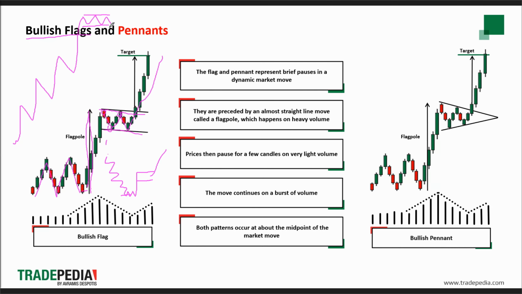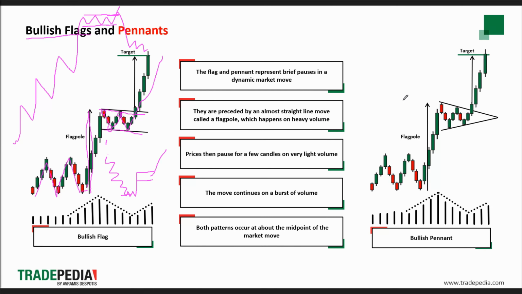You should be careful, because this could potentially be a false breakout, where the price goes above and breaks out of this consolidation, but then it turns out to be a fake breakout. Then the price will come back down to correct itself. That is one thing you need to take note of. For the bullish flag to be most effective, it should be forming at the lower end of the chart and not the higher end.